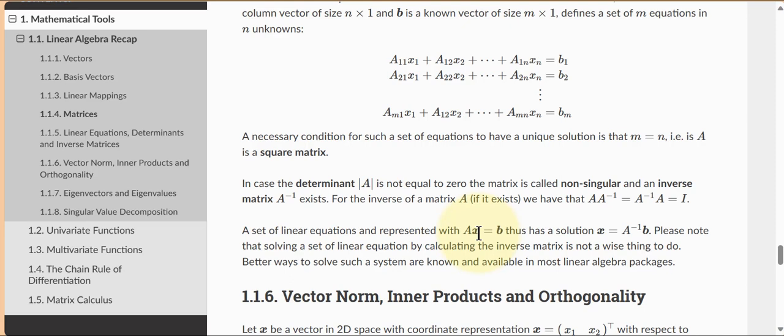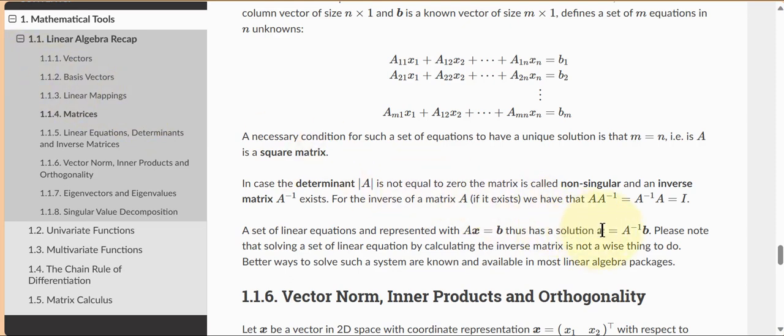That's the point of the identity element. You just get x, and then we said we're going to multiply this side right here by A inverse, so that's what they have here. So if the inverse exists, or we can say if the determinant of A is not equal to 0, then this has a solution, and the solution is given here, A inverse b. So you want the solution, it's A inverse b.